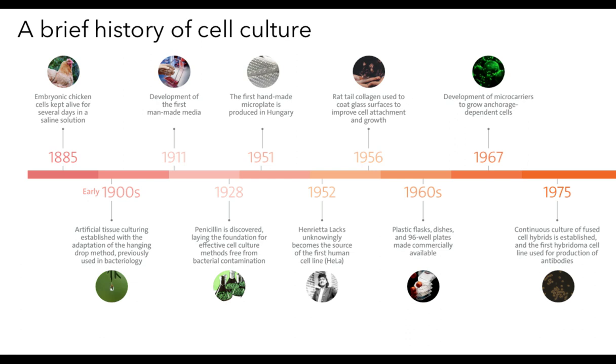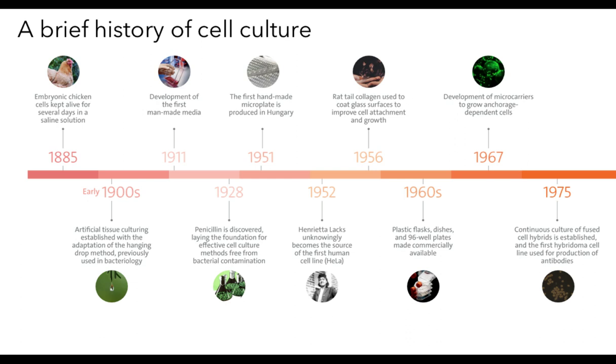It led in the early 1900s to the development of synthetic media that were obviously man-made but optimized to keep different sorts of cells around. And then this also led in the 50s to the development of microtiter plates, which have become the workhorse in many labs for both drug research and drug discovery.